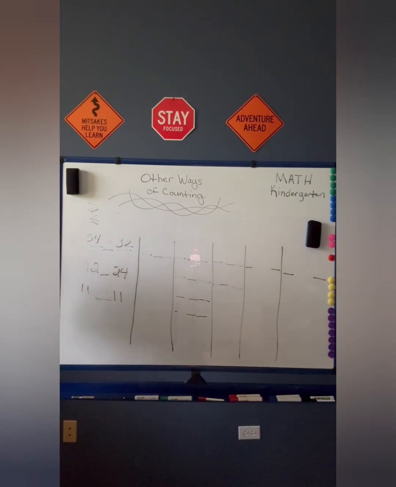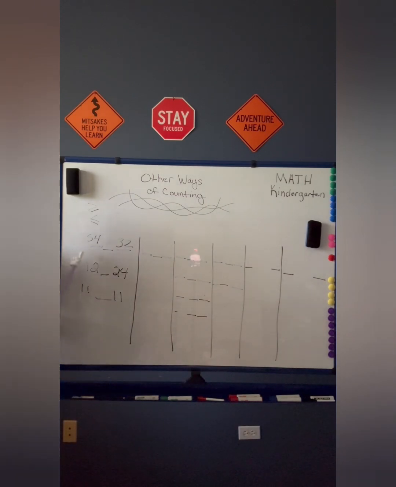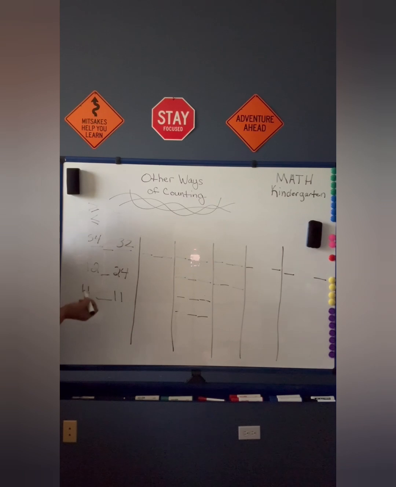So another thing you might have to do is say if the two numbers are greater than or equal to, or is it less than or equal to? So 54 and 32, 54 greater or less than 32.